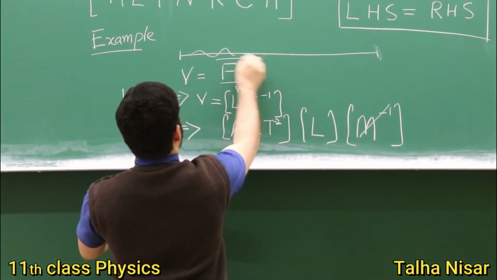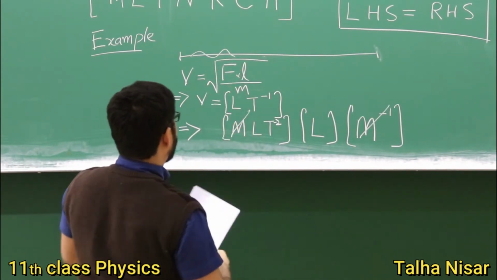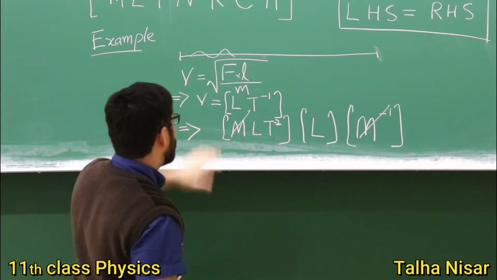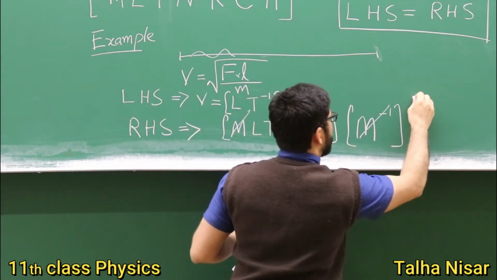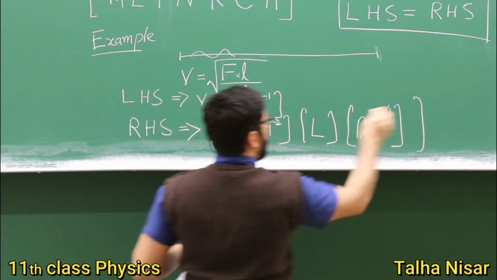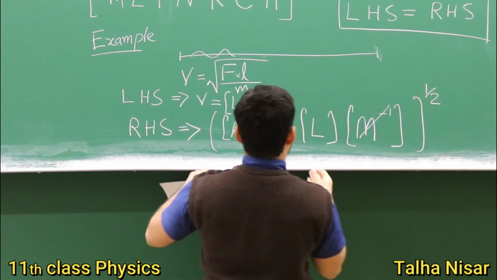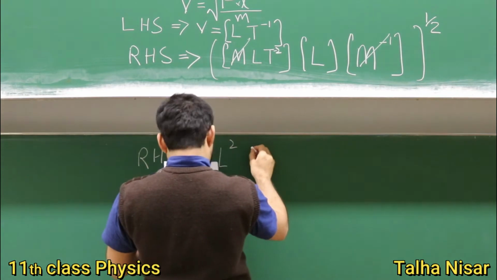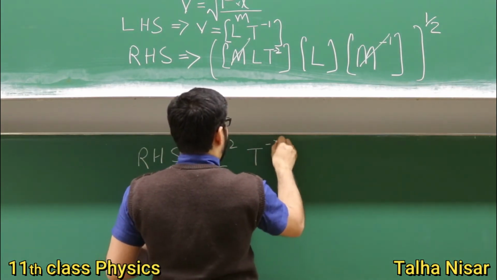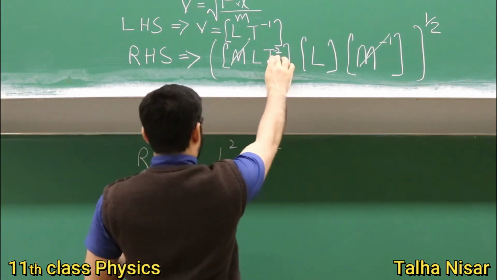Sorry, this is in the square root. So the whole thing will be under the square root. That was missing here. So now we have the -2 here, which is from the acceleration.